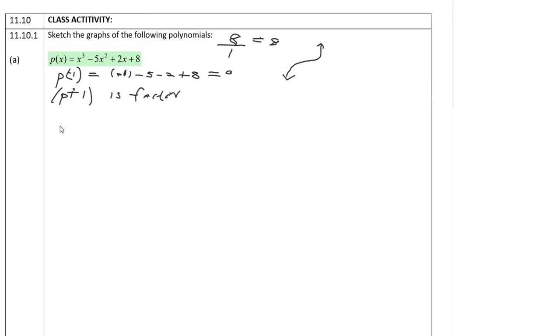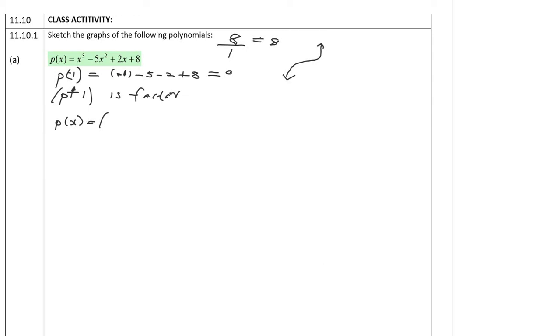Okay, so now I can go ahead and do long division, synthetic division, or inspection. I'm going to do the inspection, so I'm going to say P should now be equal to this. Sorry, that should be x plus 1, not P plus 1.